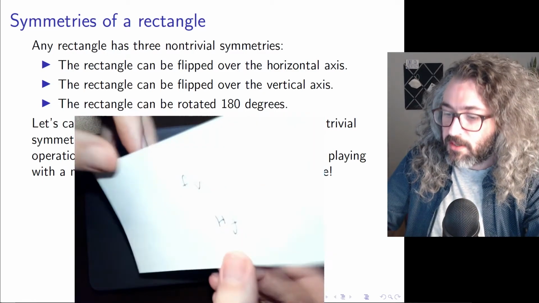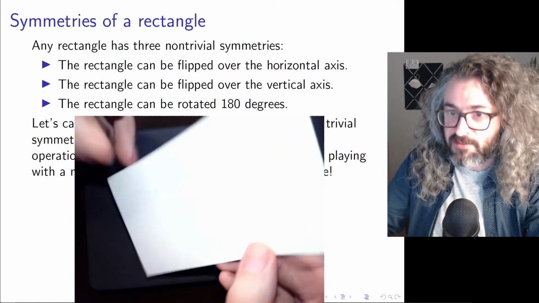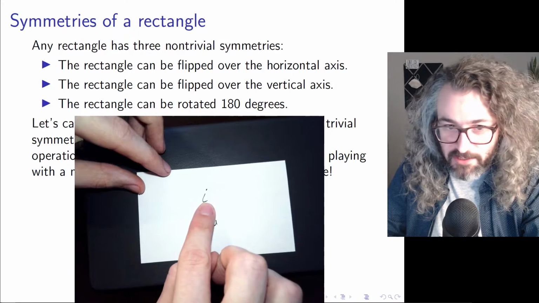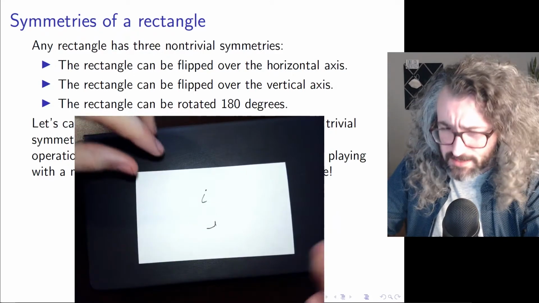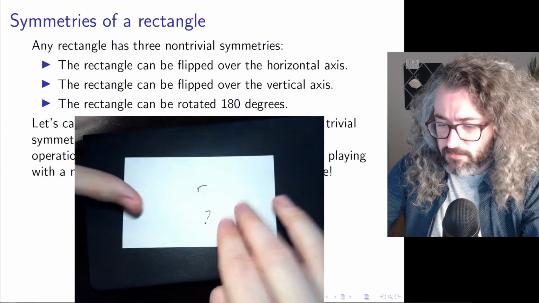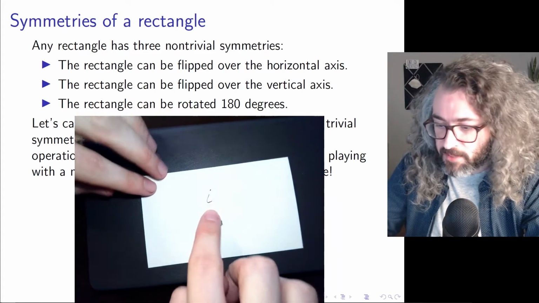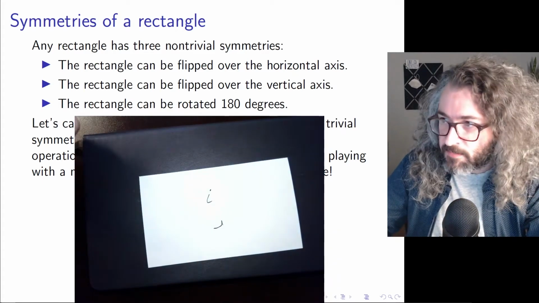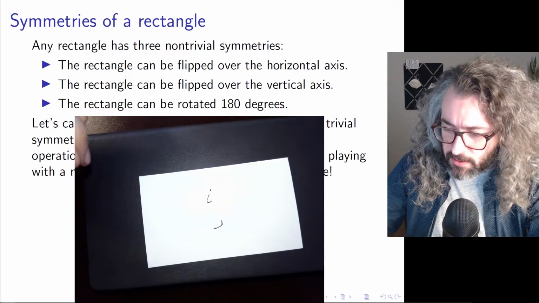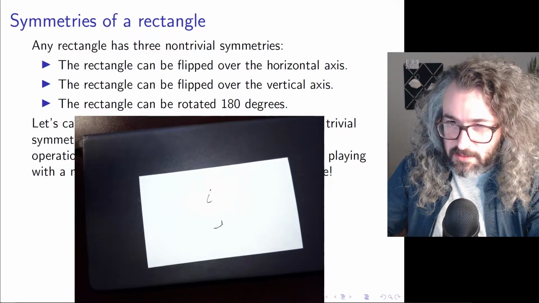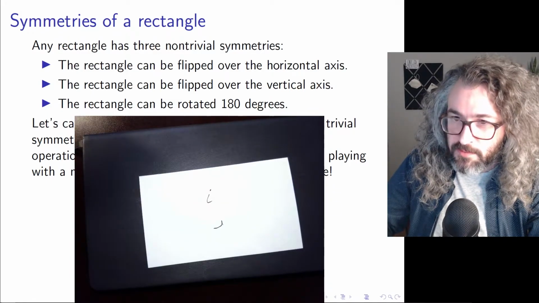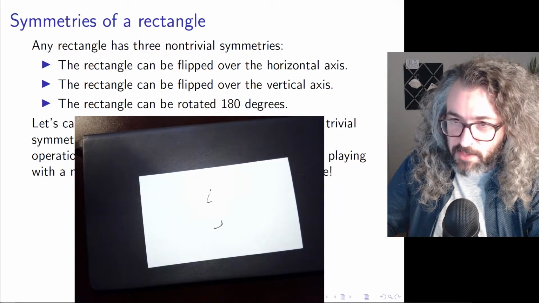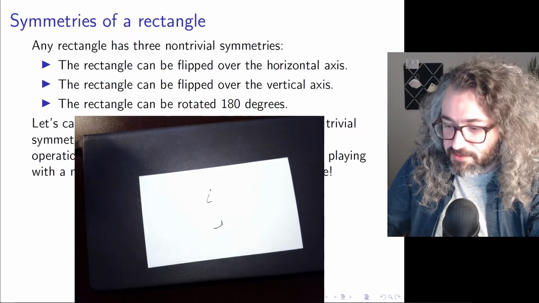So if you flip over the vertical and then flip over the vertical again, you end up back at the identity. Same thing if you rotate and then rotate again, you're back where you started. And same thing with the other flip. Another thing to point out is if you do two of the non-trivial symmetries back to back, you get the third non-trivial symmetry.